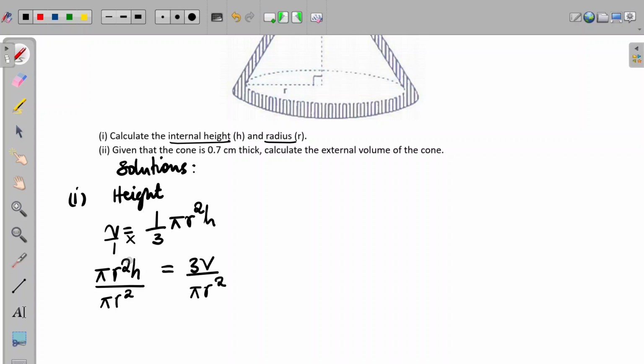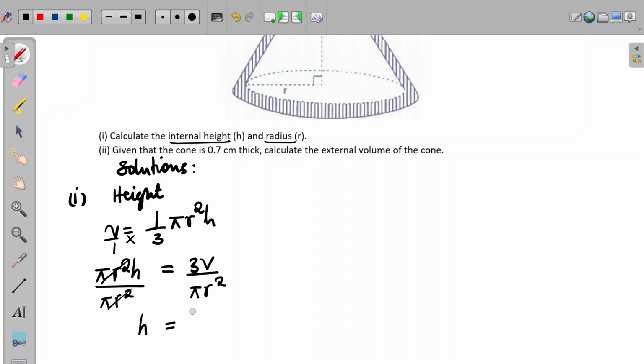So this one and this one will go, which is actually area. So we remain with h is equal to 3 volume over pi r squared.